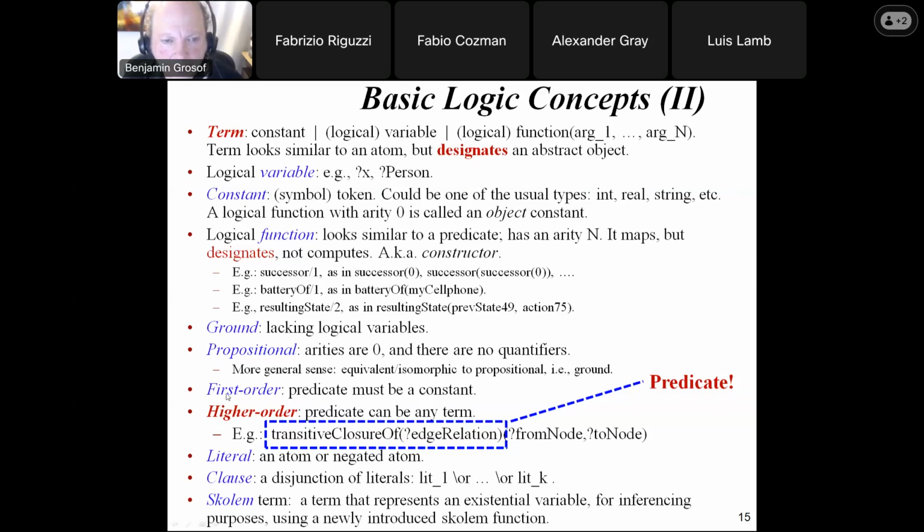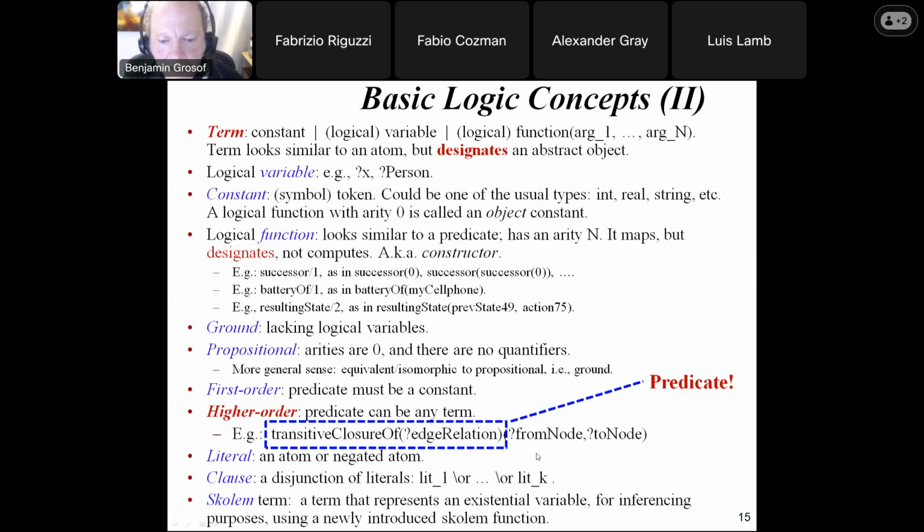In first order logics, or KRs, a predicate itself must be a constant. That is, pin it down as a particular symbol token is one way to think about it. However, in higher order, that restriction is relaxed. A predicate can be any term.